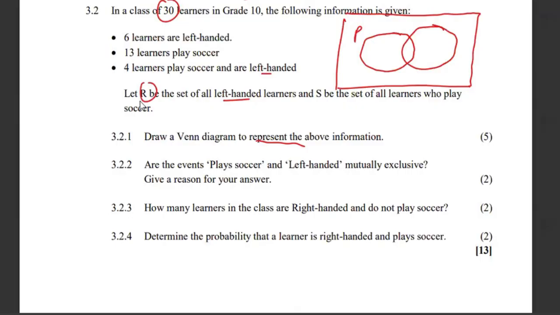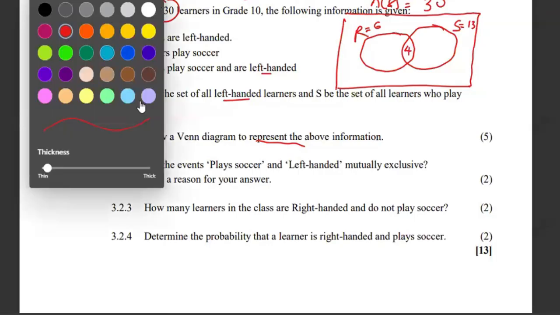So left-handed is R, S is soccer. The sample space here is going to be 30. They're telling us 13 learners play soccer, so the total here is 13. 6 are left-handed, that is a 6. 4 play soccer and are left-handed, so something like that.